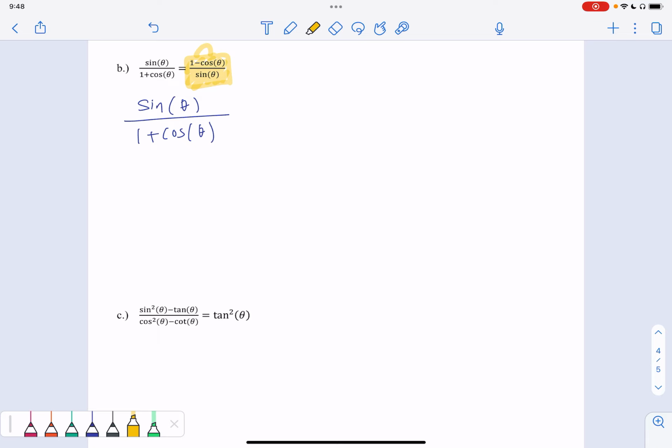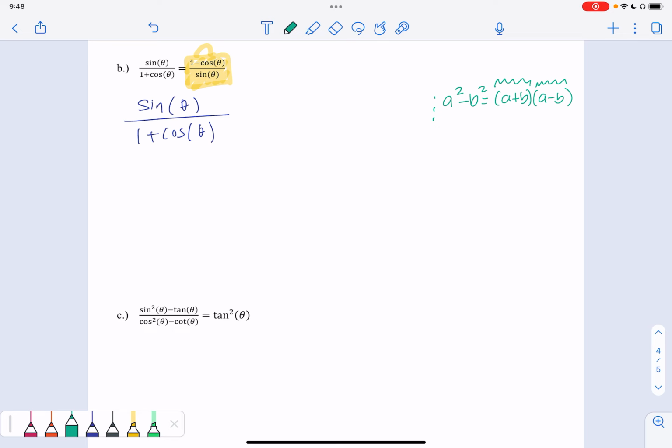One thing I did notice before is this difference of squares idea. If I have a squared minus b squared, this is the same as a plus b times a minus b. So what if I thought of 1 plus cosine theta as this a plus b, and I multiplied it by a minus b?